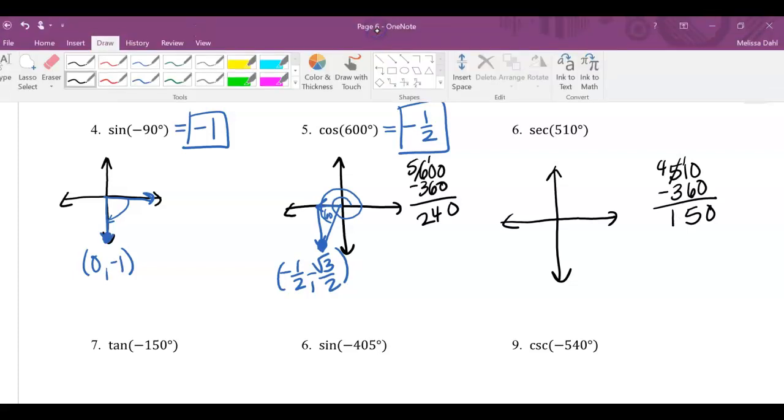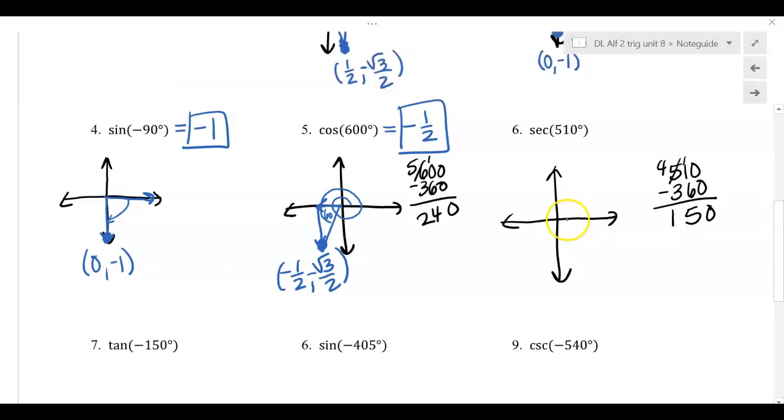So when I think about that, that would be going around 360 degrees and then another 150 degrees, which is here in the second quadrant. 150 degrees is 30 degrees away from 180. So that's a longer x and then a shorter y. So the y is the shorter one in this case. And to be over here in the second quadrant, the x would have to be negative.